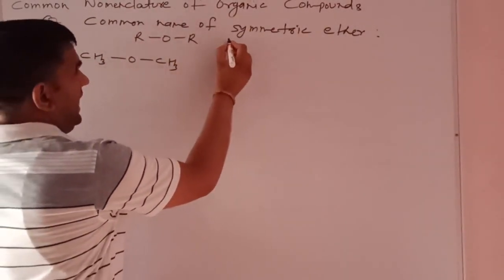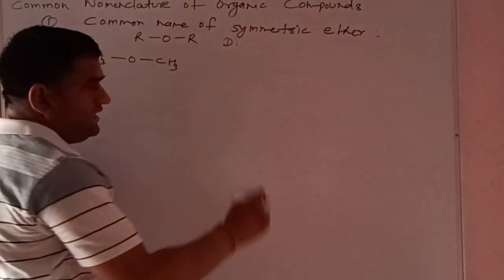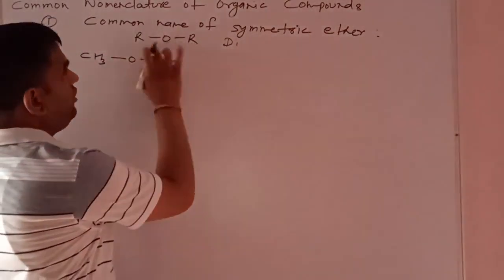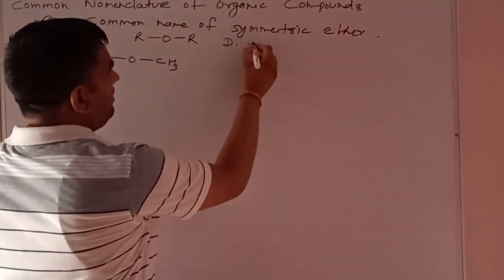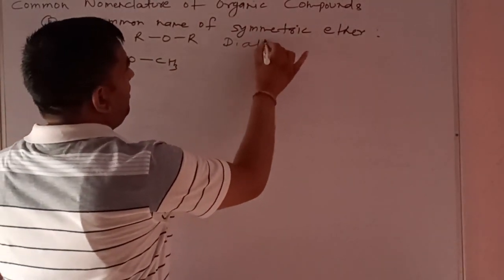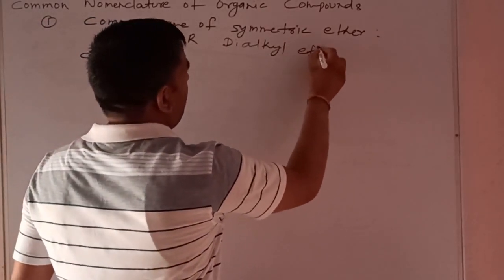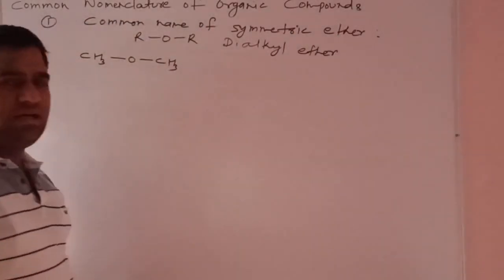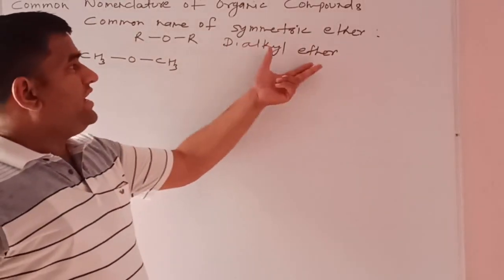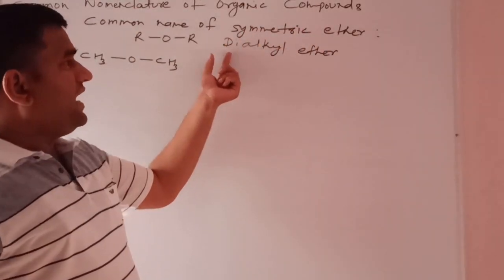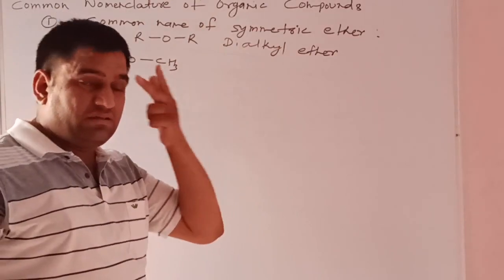So for two alkyl we use di, dialkyl, and then ether at the end. So the common name of symmetric ether is dialkyl ether.